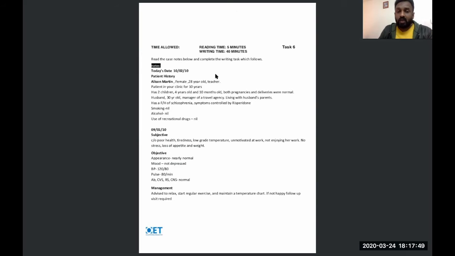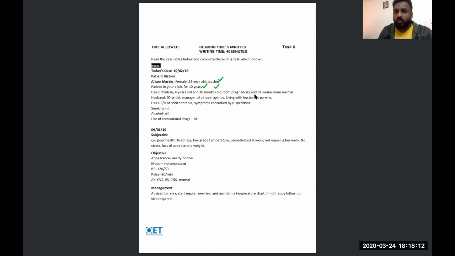Now we know today's date, that is 10/2/2010. We are very clear with it. Initially when the patient presented, we will write about the social background, which is in the second paragraph, which is about the patient's history. So we know this patient is 28 years old. She is a teacher by profession, has 2 children, 4 years old and 10 months old.